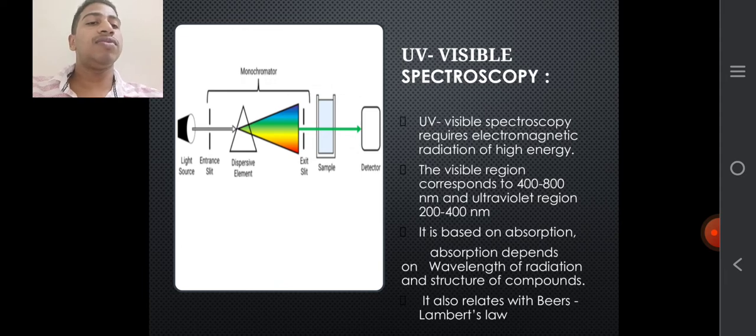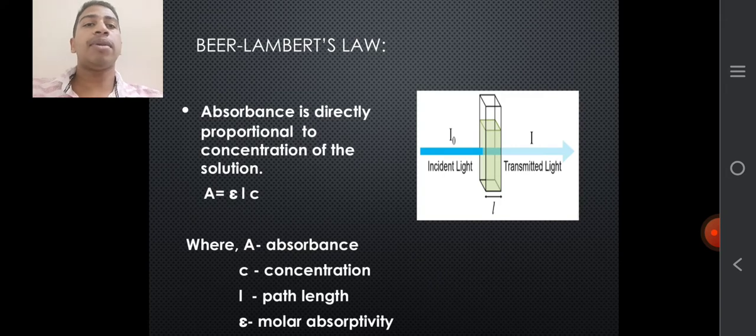It also relates to Beer-Lambert's law. Beer-Lambert's law states that absorbance is directly proportional to the concentration of the solution. A = εLC, where A is absorbance, C is concentration, L is path length, and ε is molar absorptivity.